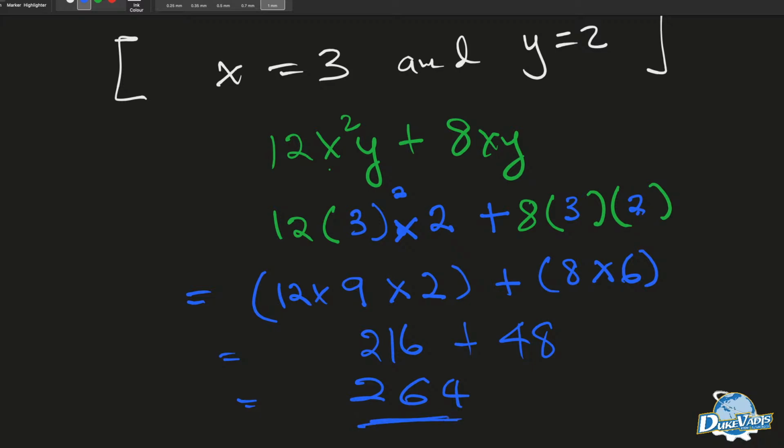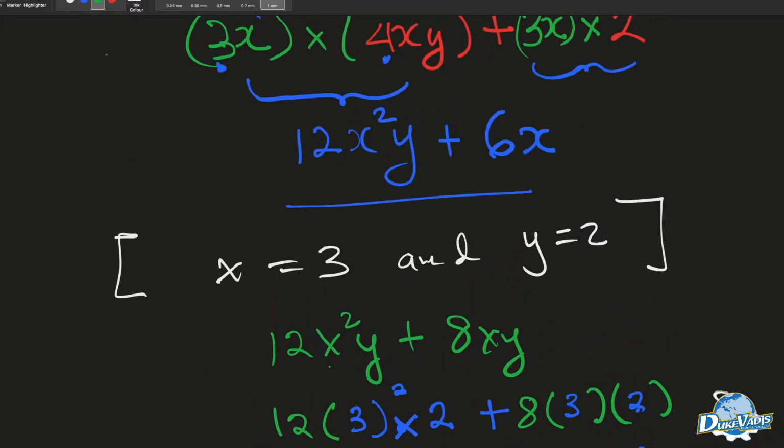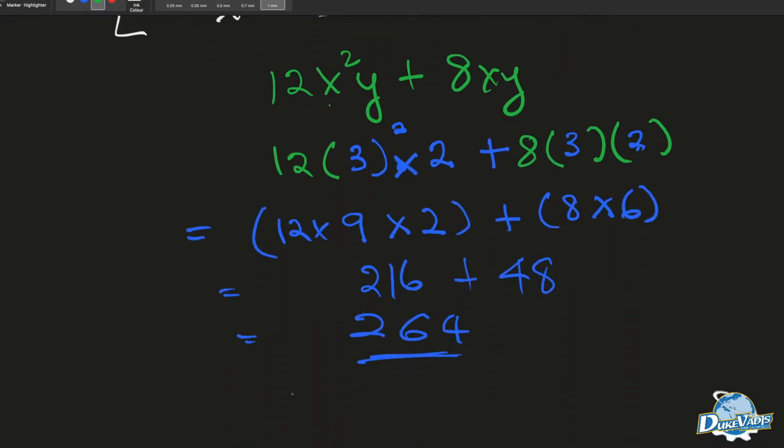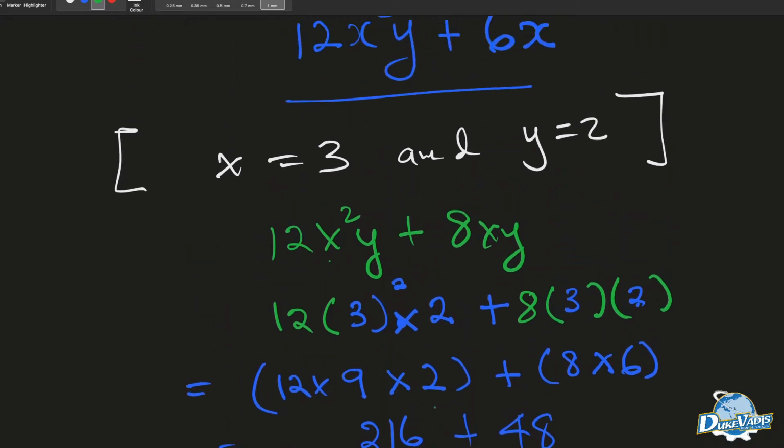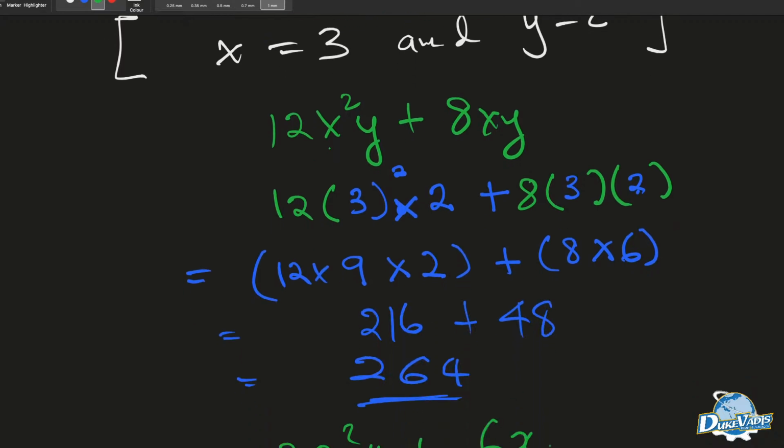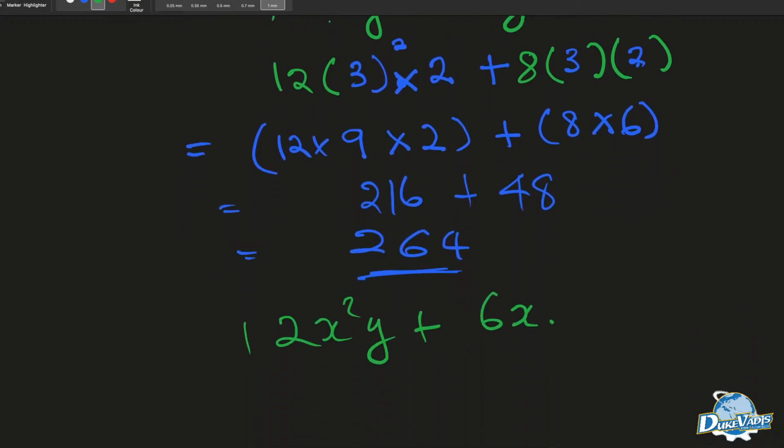Now I'm going to do the same thing to the last bit of the answers. Okay, so what did I get for the last bit? Okay, let's look at what we had. 12x squared y plus, let's have a look, plus 6x. Okay, so that is what we had for our question 2. And the same way, we have to substitute the values of x equals to 3 and y equals to 2.